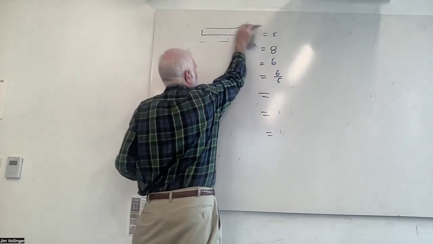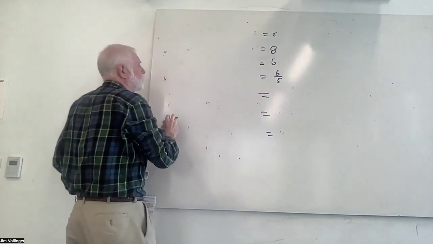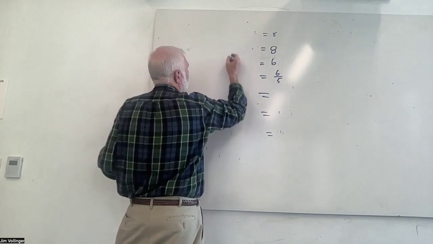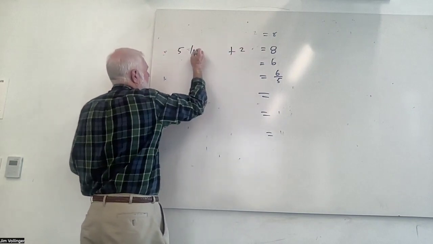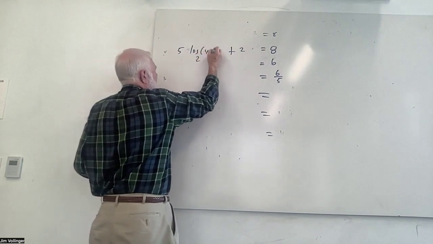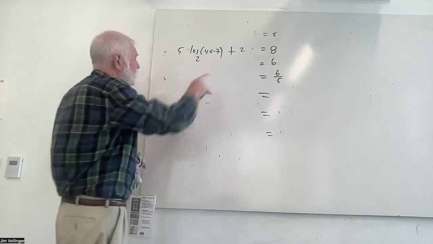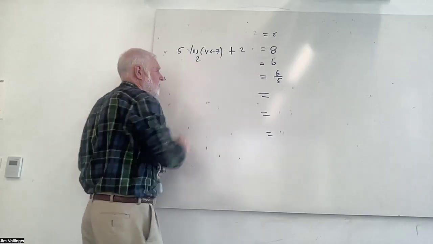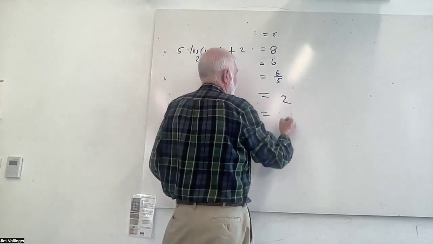Of course, I erased that, right? So I guess I got to go backwards here through the process. You would think I would know what I wrote. I got a 2 there, I got a 5 there, and I think I said log base 2 of 4x minus 7. I think that brings us back. Okay, yep, 6/5, and I guess I need to know the inverse of log base 2. Well, that's 2 to the.